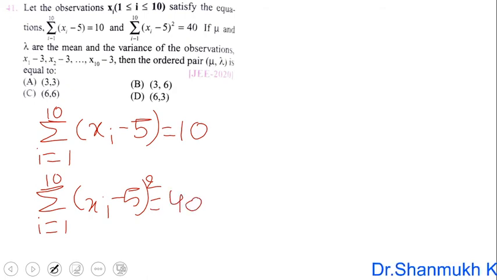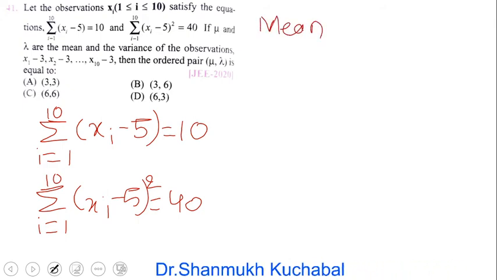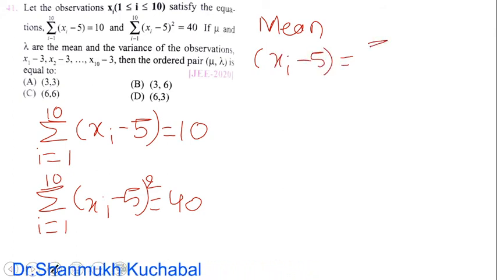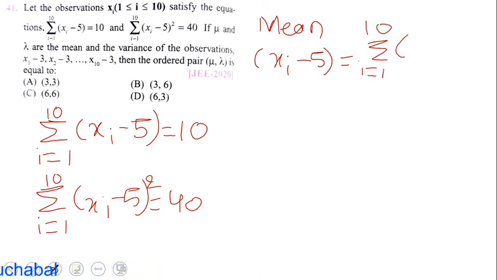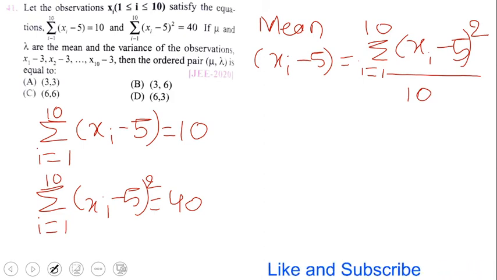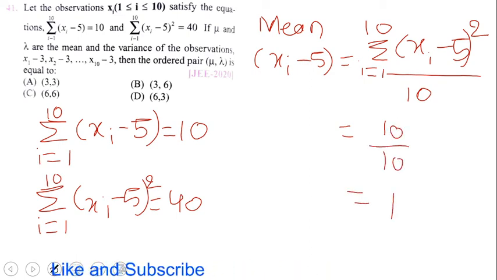Then further we will calculate the mean. So the mean of xi minus 5 is the summation, i taking the value from 1 to 10, of xi minus 5, divided by 10 here. So since it is the observation mean, it is 10 divided by 10, so we are going to get 1 here.